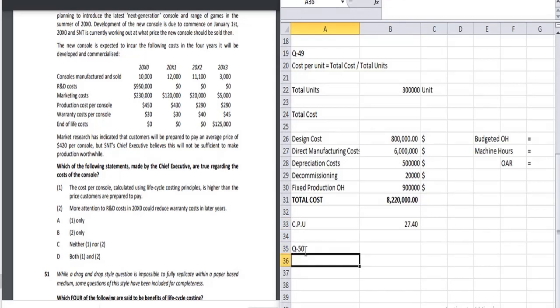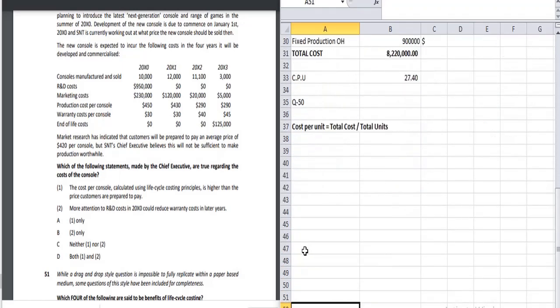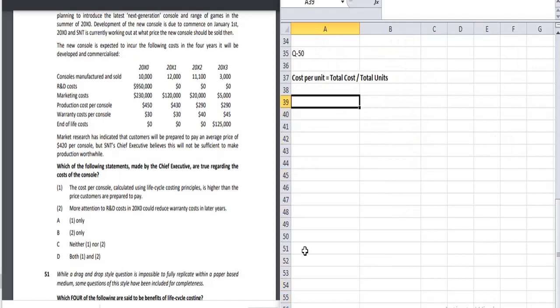Okay, formula will be same. Okay, so first we have to get total unit. Total unit is 10,000 for the first year, then 12,000, then 11,100, then 3,000. Okay, this is our total unit.